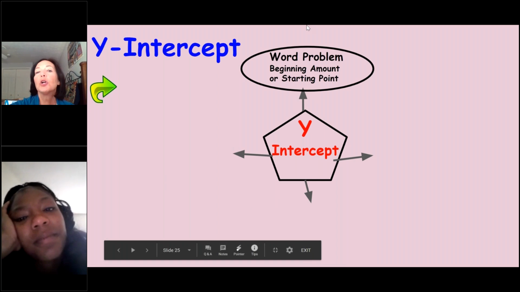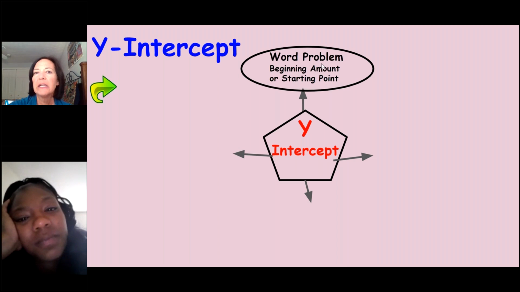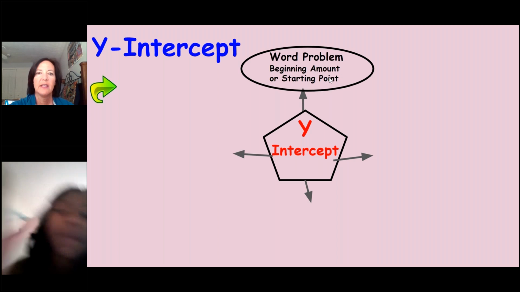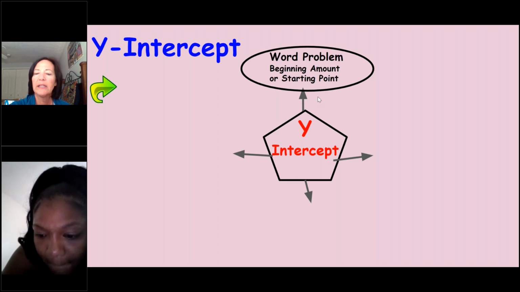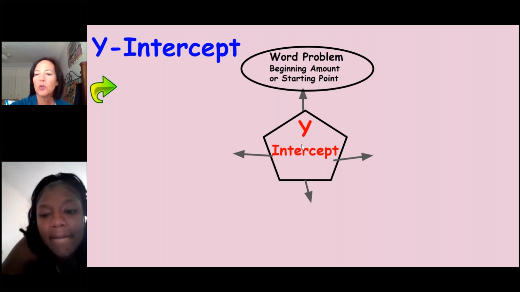The first thing, if we've got a word problem and they're talking about the beginning amount of money, or we might be running a race and the starting point for the race. Sometimes we're talking about temperature and the starting point for the temperature. Anything that sounds like a beginning amount or a starting point, that's always going to be your y-intercept.